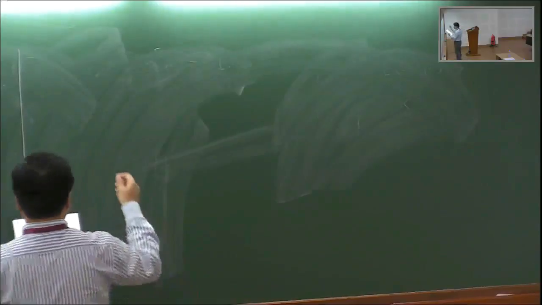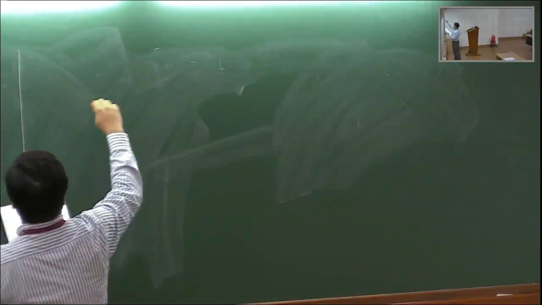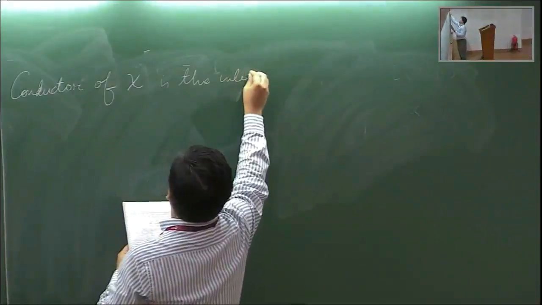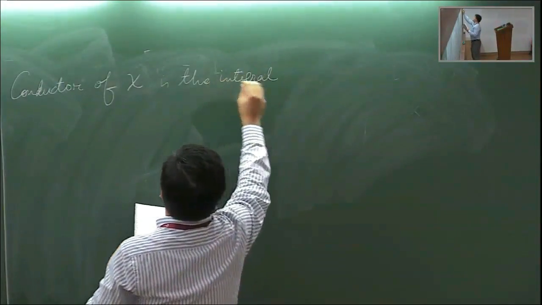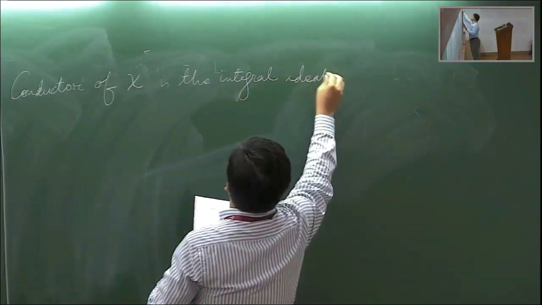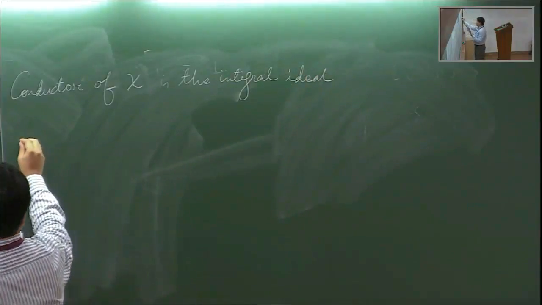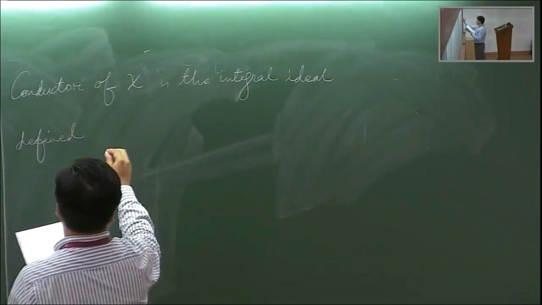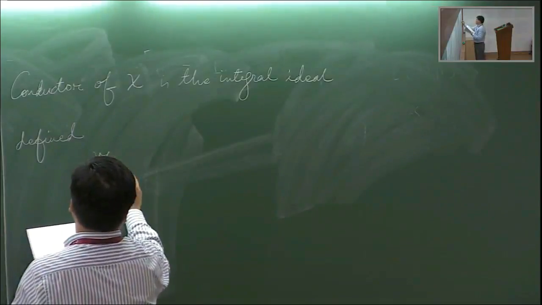Now I have this character, and for this character we also have a conductor. The conductor of chi is the integral ideal, which is defined by, these are all usual things, n is Gothic n chi.